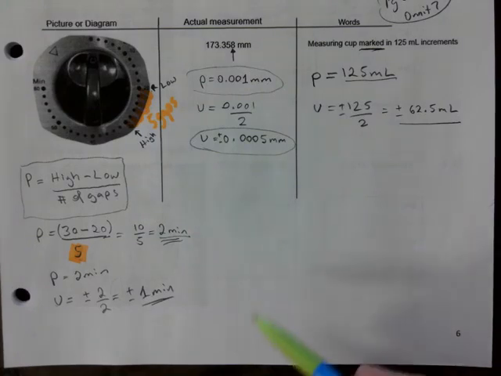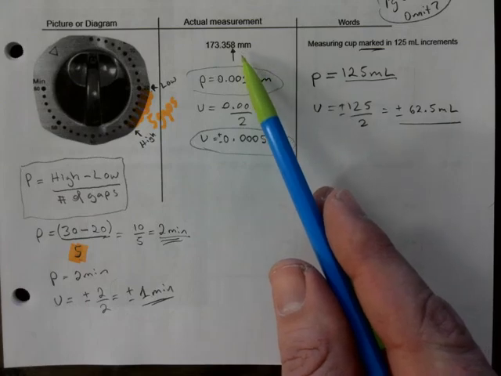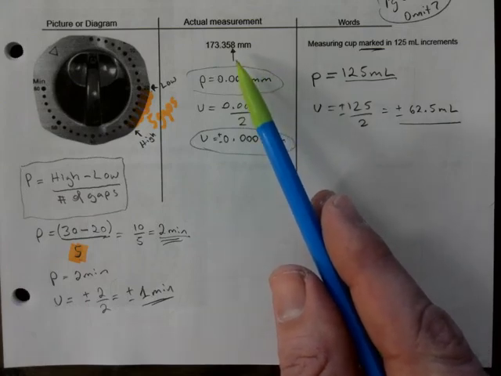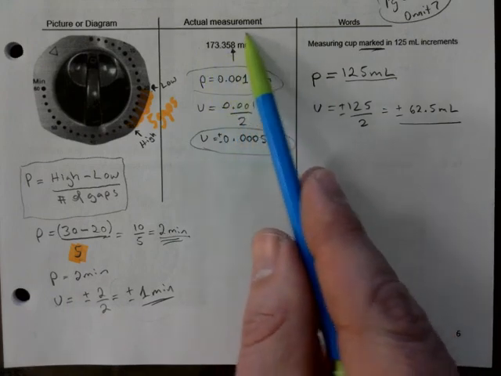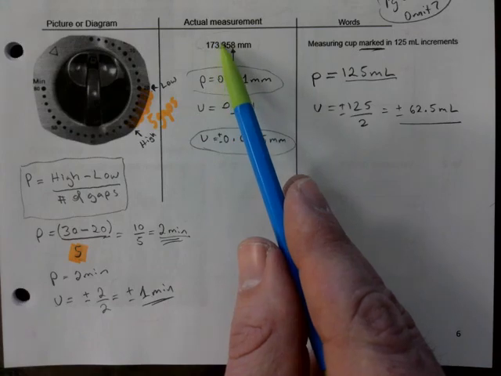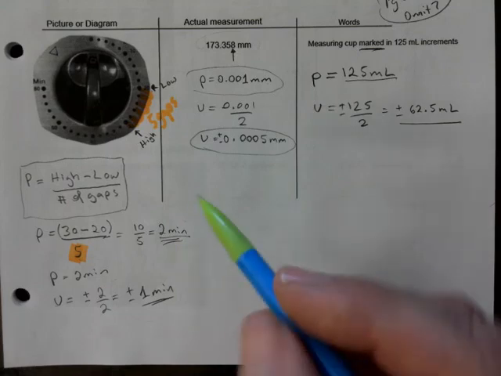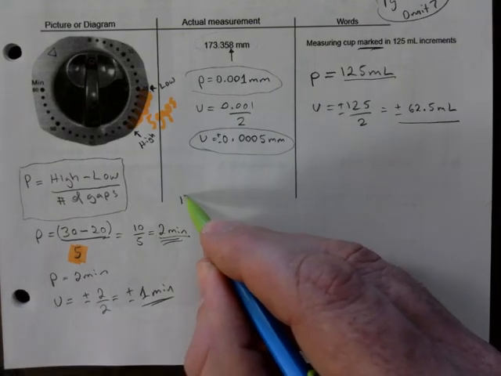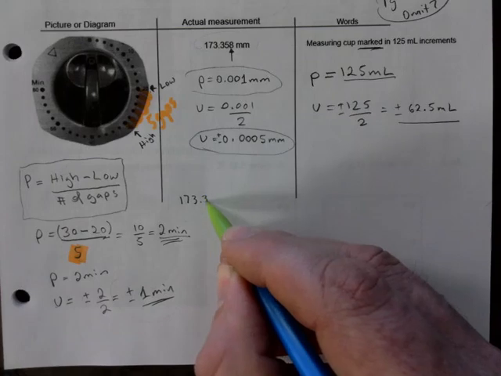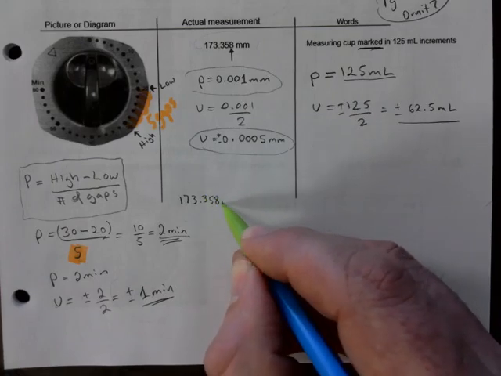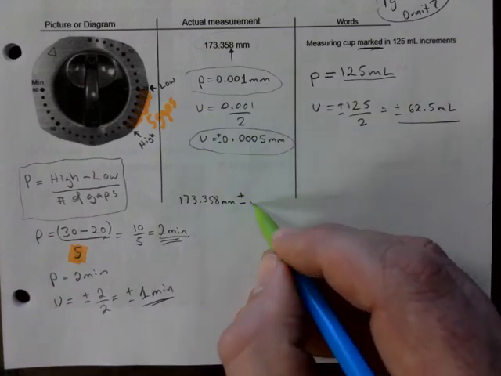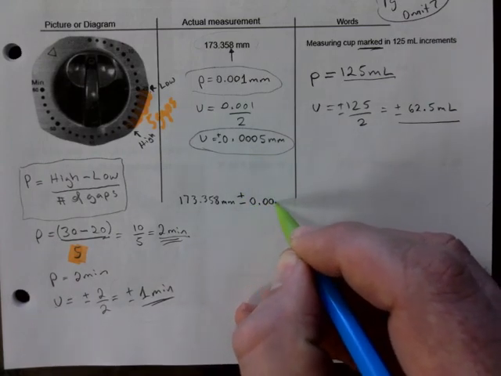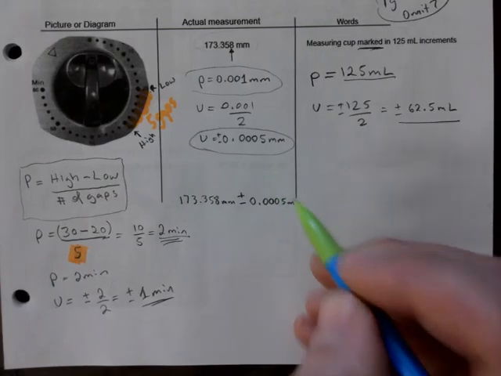Okay, because here we have an actual measurement, listen to this part. This is the new part that I'm going to add today. You can state this measurement with its uncertainty. So we do all of this just to say 173.358, you can copy this, millimeters, plus or minus 0.0005 of a millimeter.